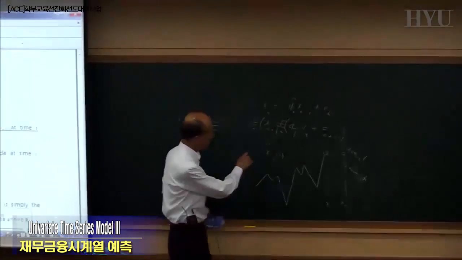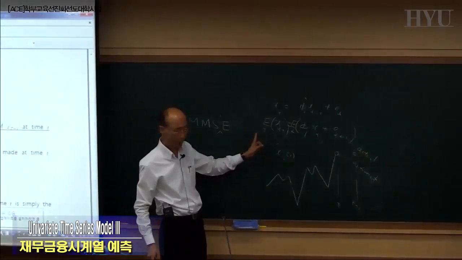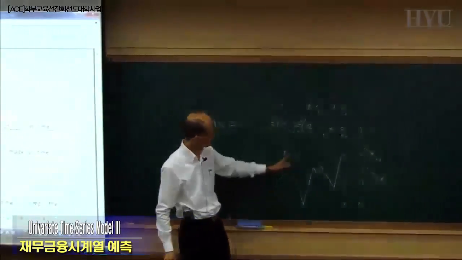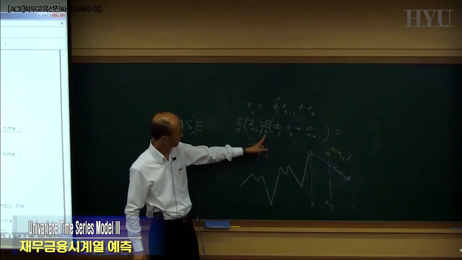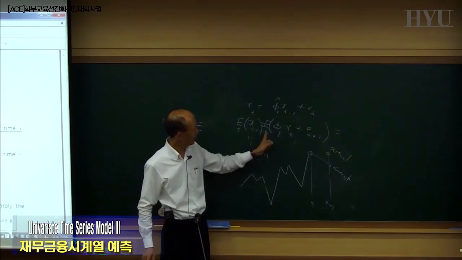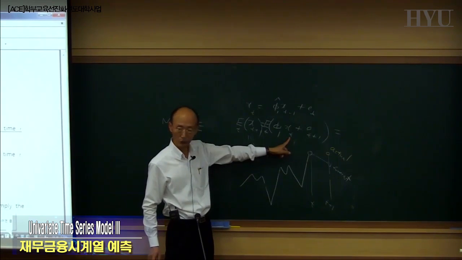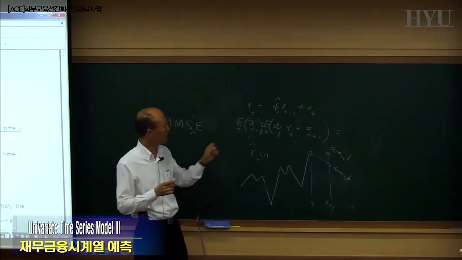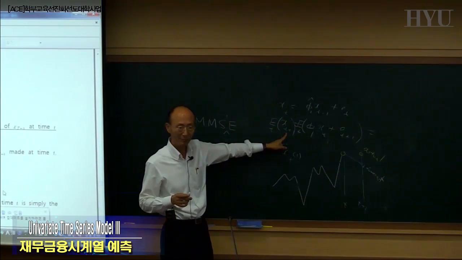So, what is the answer to this question then? AR1 process is simple. At t, this quantity is known, right? At t, we are interested in what is the value at t plus 1.